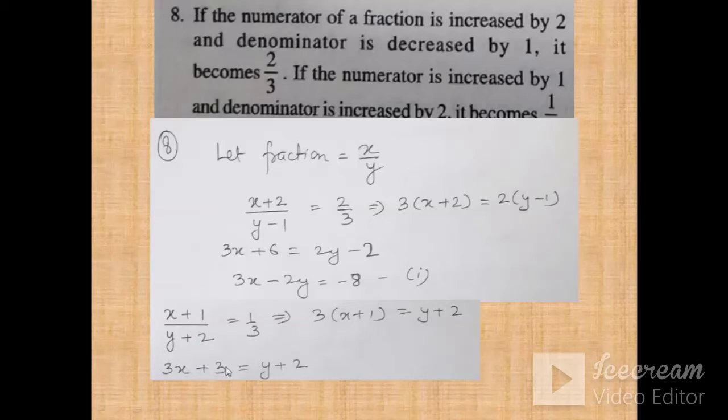That is, this will be your second condition. Again we will do the cross multiplication here. So you will get 3 into x plus 1 is equal to y plus 2. Then we will do the manipulations. So after doing the manipulations, we will get 3x minus y is equal to 1. This is our second equation.